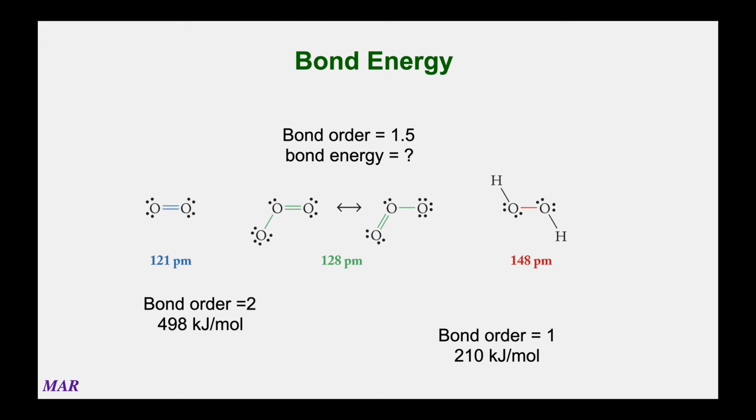If you had to guess the bond energy, you'd say it was between 498 as a high and 210 kilojoules per mole as a low. Because the bond length is much closer to the double than the single, I would guess that the energy to break ozone would be closer to 498 than 210. But that's the best guess I could make. We should look that up or do an experiment to figure it out.